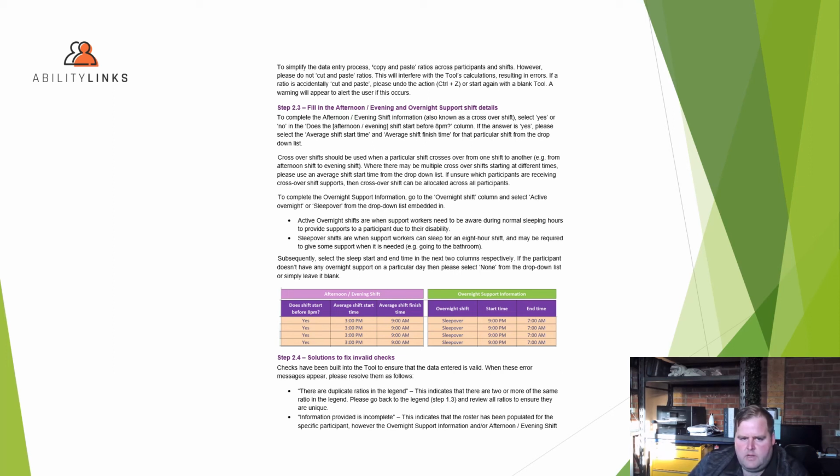Then looking at the afternoon and evening support shift details, we're just filling in our standard rostered times for staff members. It's pretty self-explanatory. When there's a crossover shift, it'll highlight that there's an issue there, and it'll ask you to go back and fix the issue.